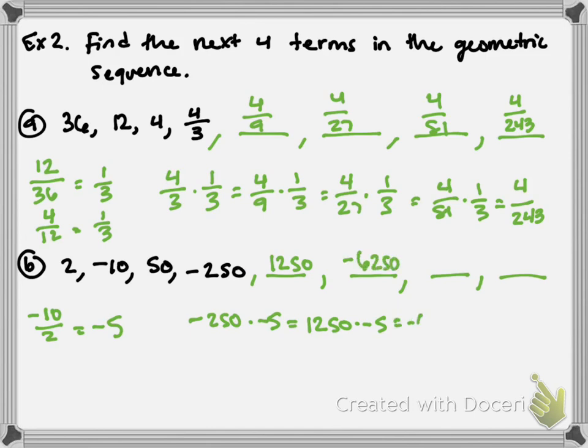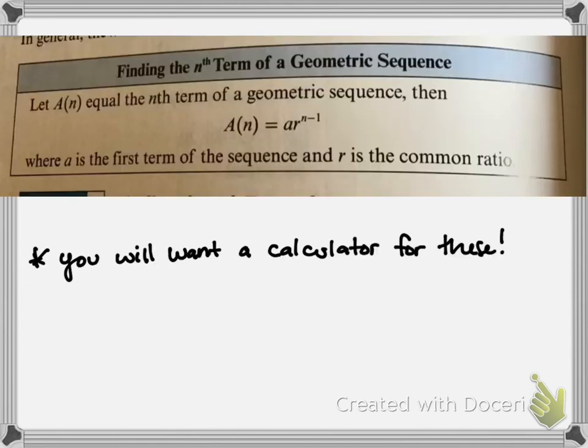See why you want a calculator here? Negative 6,250 times negative 5 is positive 31,250, and 31,250 times negative 5 is negative 156,250.